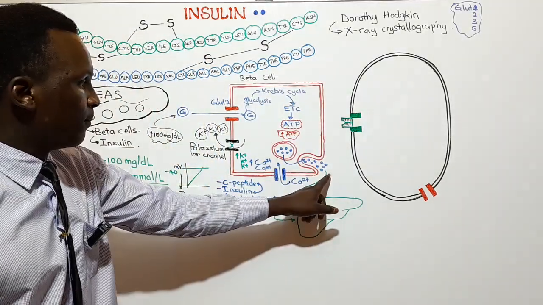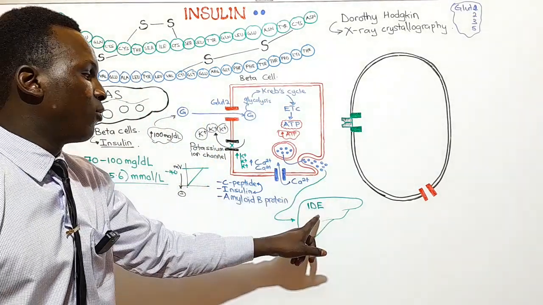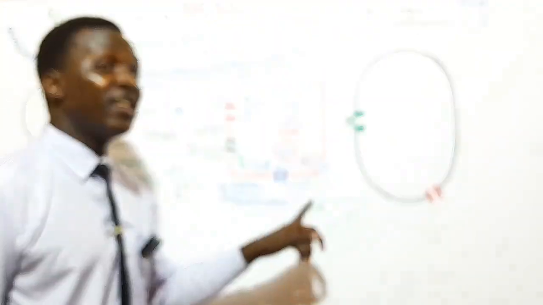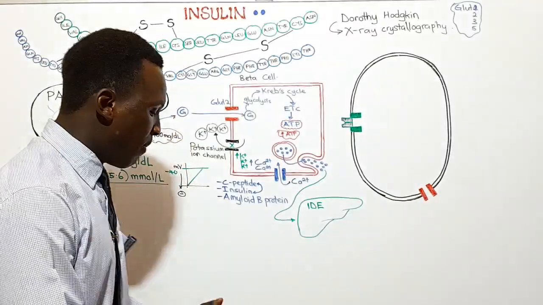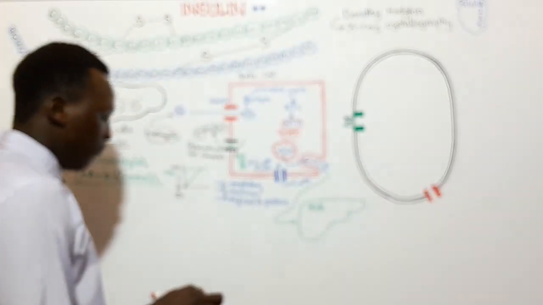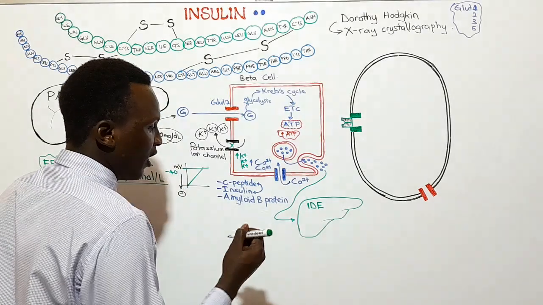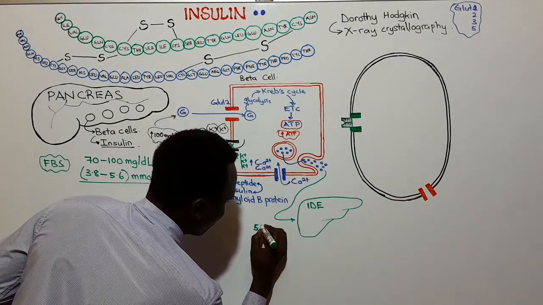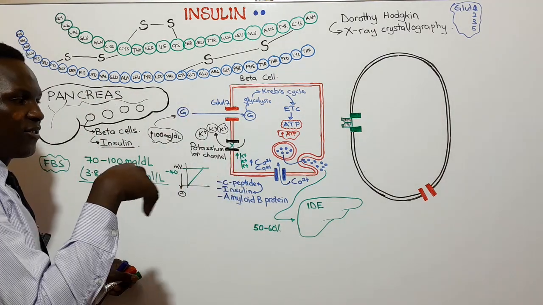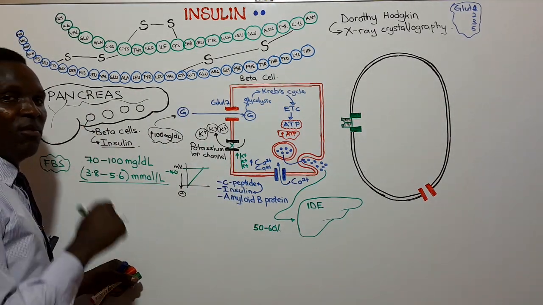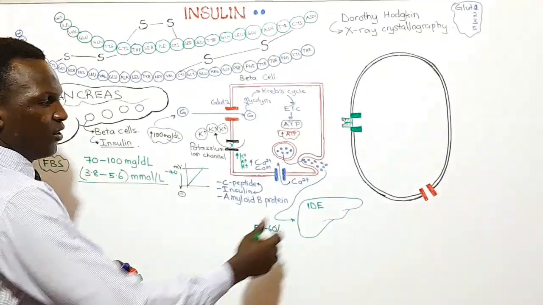So even insulin will undergo the first pass effect or first pass metabolism in the liver, whereby 50 to 60% of it is degraded or used up by the liver, and the rest is sent into the systemic or the peripheral circulation.